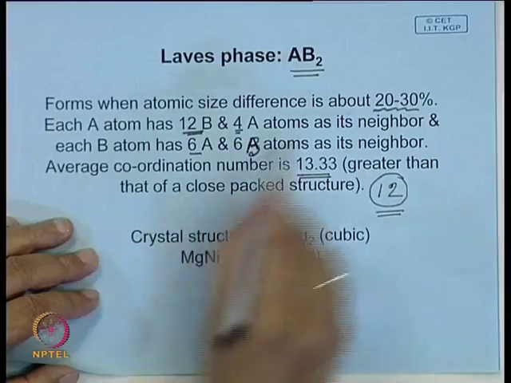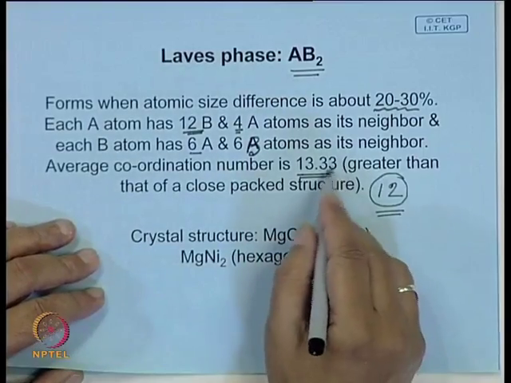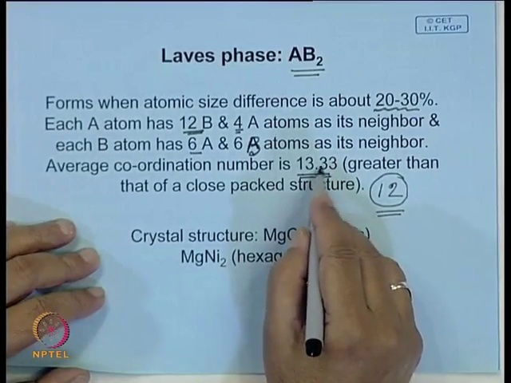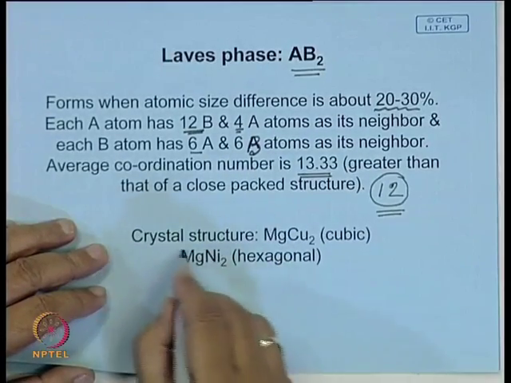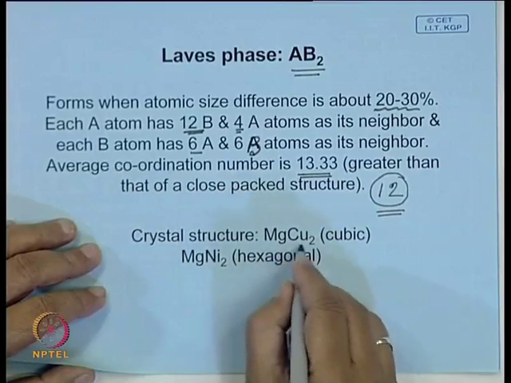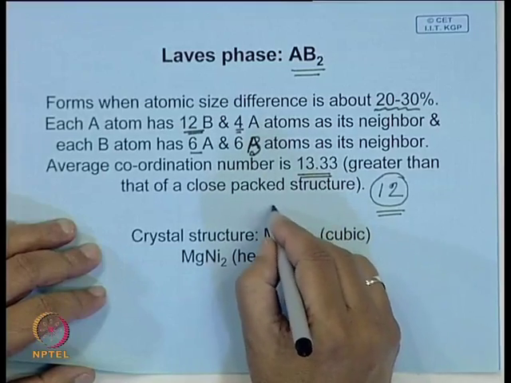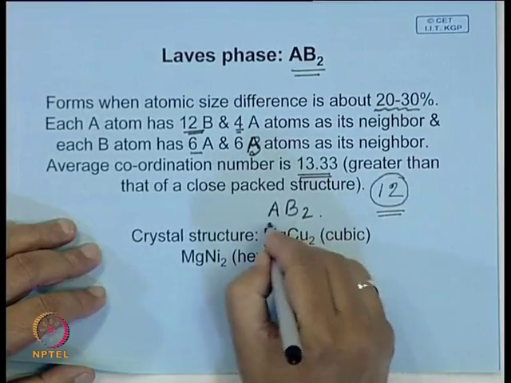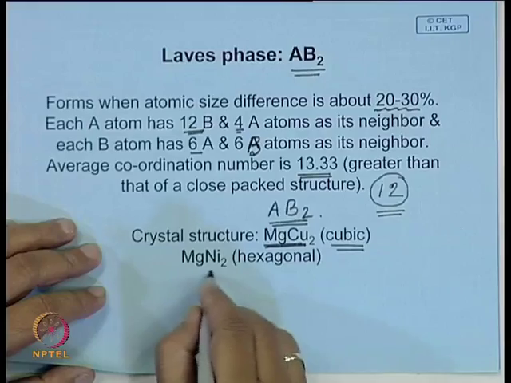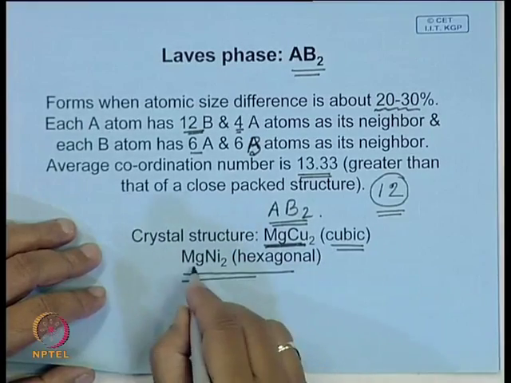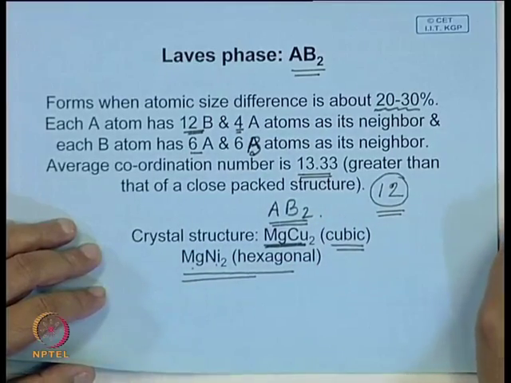Here it is possible to have a coordination number greater than 12 because you have atoms of two different diameters. The common crystal structures listed here are the MgCu2 type, an AB2 type of Laves phase based on a cubic lattice, and MgNi2, another group, which is based on a hexagonal lattice.